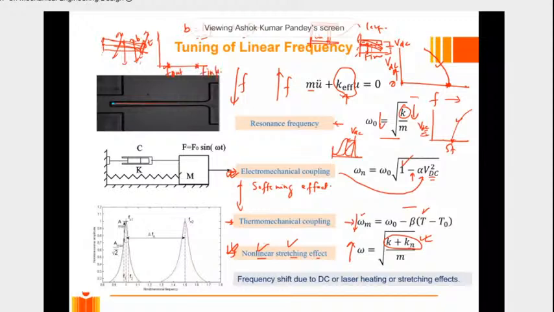Now when I start applying voltage, let us take a cross section here, maybe with respect to that it will make more sense. So let us say this is your structure and this is your bottom one, and then you have another electrode.